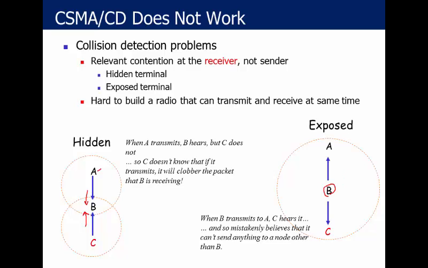B sends out the data to A, but this is wireless. So definitely C can hear it, right? Your data can be exposed to everyone.